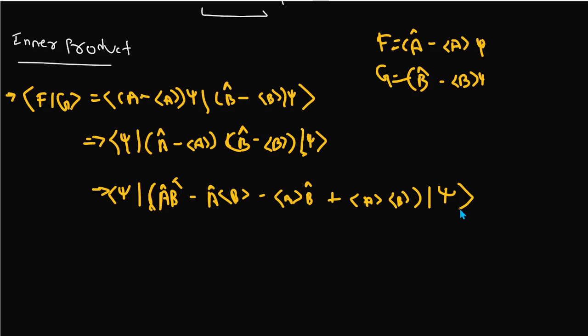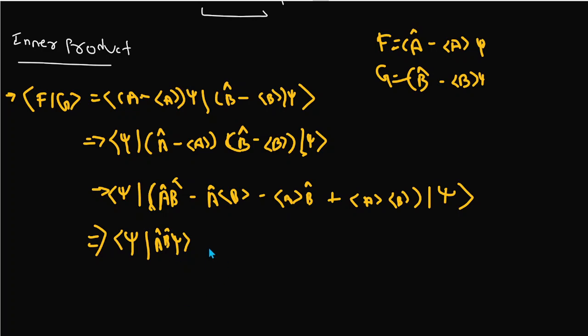Now we are going to multiply this term again with the psi. This is quite heavy mathematics, so let's view it carefully. We multiply this A cap B cap with psi, and it will look like this: psi, bracket A cap B cap, and psi.